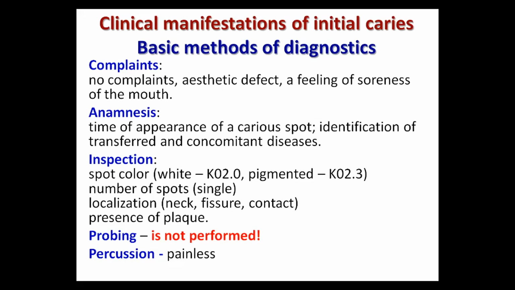During inspection, we estimate spot color. It may be white, and in this case there will be the diagnosis K02.0, and it may be pigmented, and it will be another diagnosis K02.3, arrested caries. Also, we pay attention to the number of spots. It may be several or more often single spot.